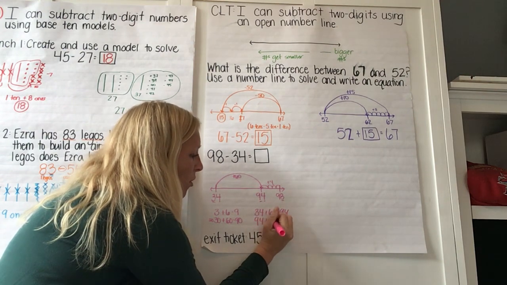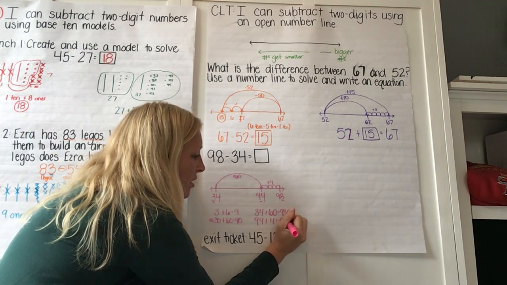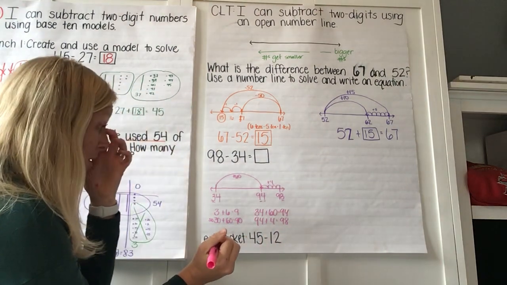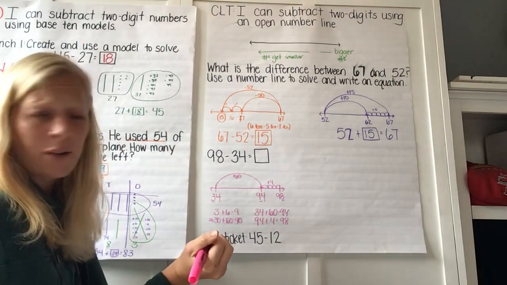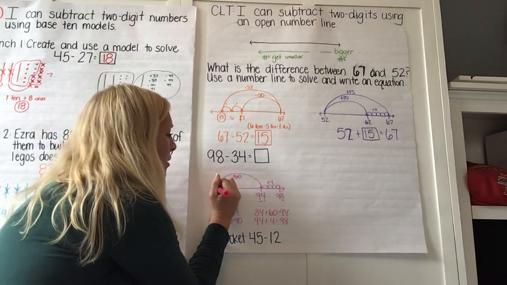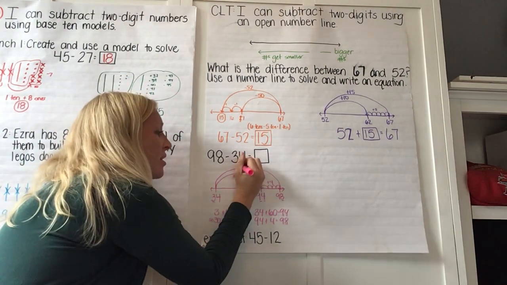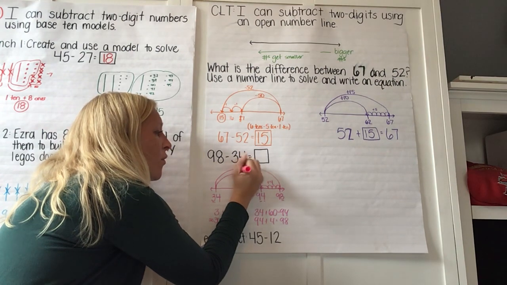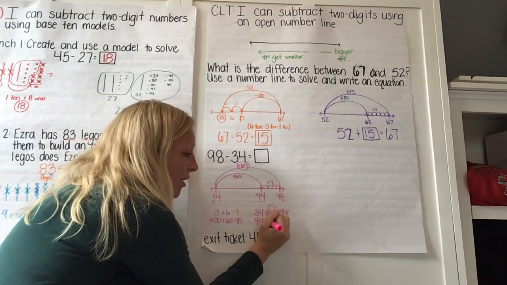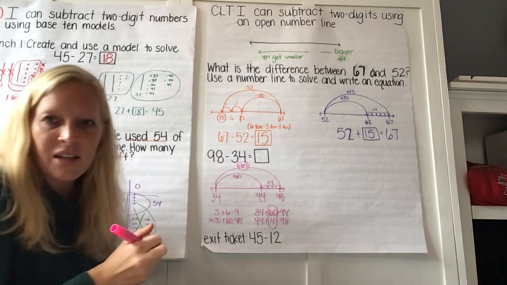And 94 plus 4 equals 98. So then how much did you add, or what is your difference? Your difference is 64. And look right there. There's that 64.